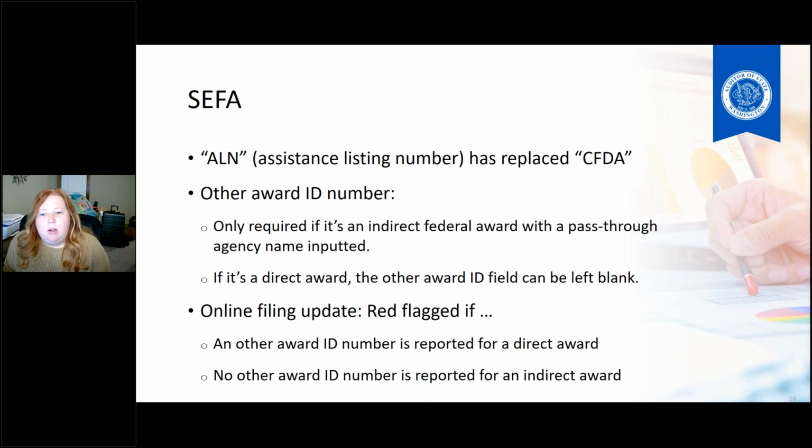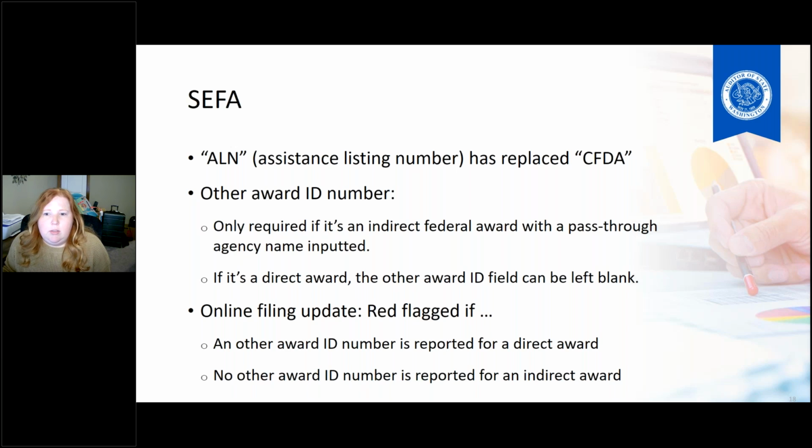But the other award ID number is actually only required for indirect federal awards. If it's a direct award, then you do not report the other award ID number. So that field should be left completely blank for direct awards. So the other award ID field is only required for indirect awards.